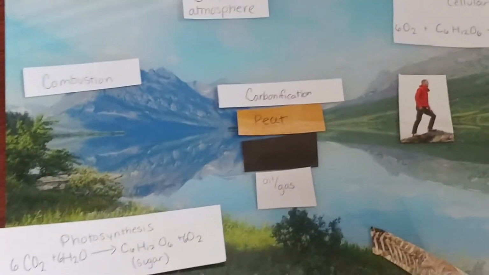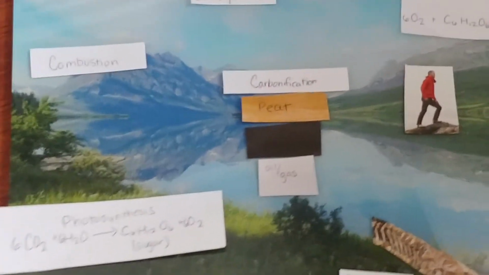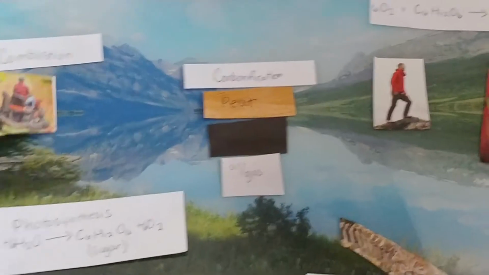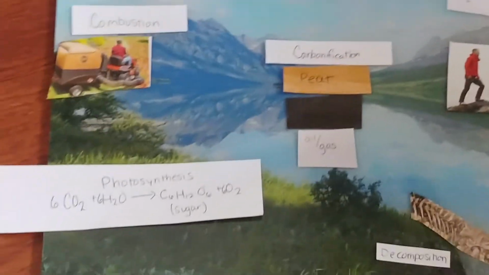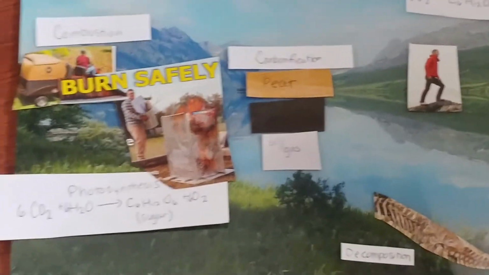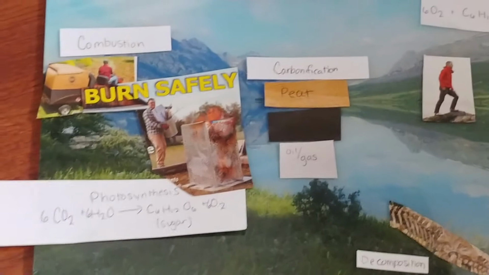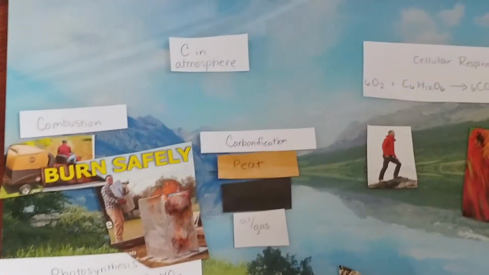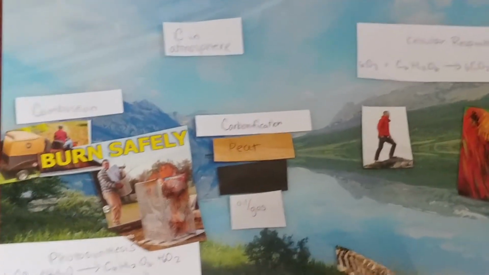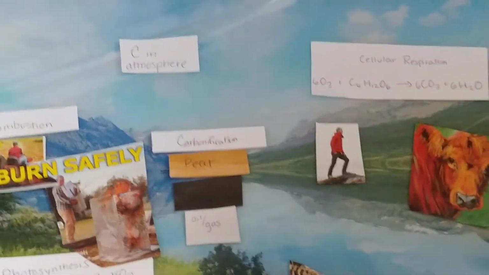I actually don't have any pictures of big major factories at my house, but that's what I would have used for that picture. Instead, I have engines, and the stuff that we burn is going to release carbon. So then that carbon is going to go back up into the atmosphere, into that CO2 in the atmosphere. So that's the basics of the carbon cycle.